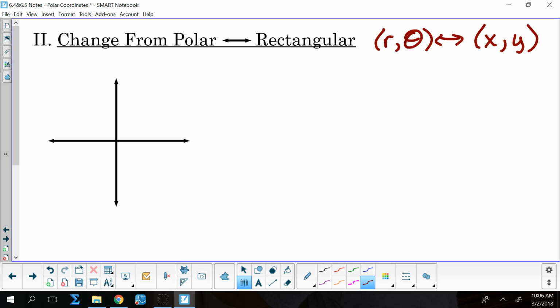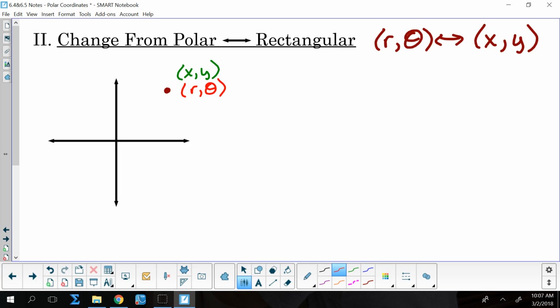So let's just pick a point right there. We can put it anywhere really, but let's put it in quadrant 1, then everything is positive for us. So that point there has an x and a y value if it's in rectangular, and it has an r and a theta if it's in polar.